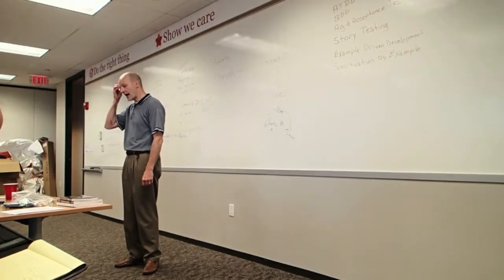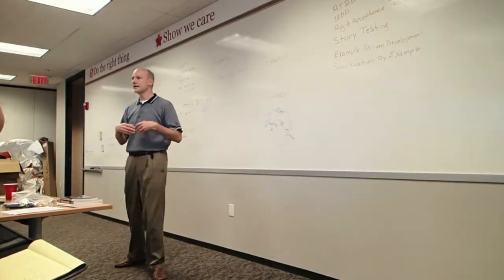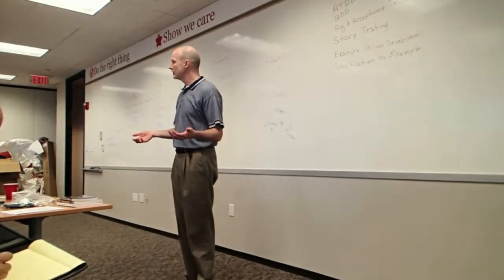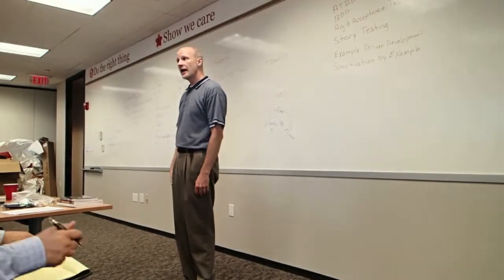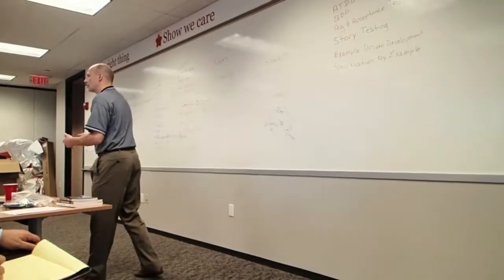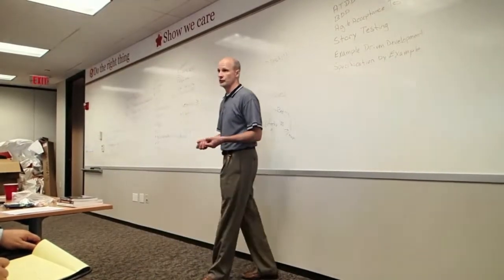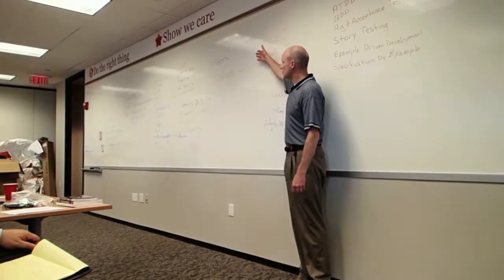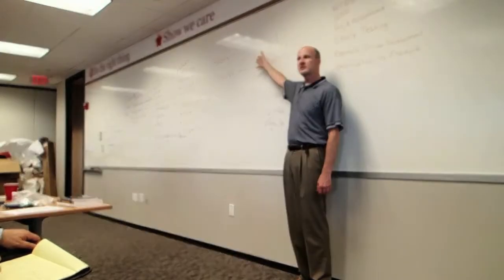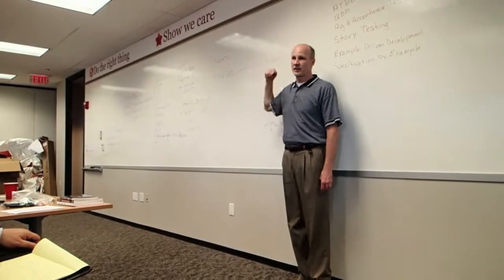Because what typically happens, if you let dev own it, what are they going to do? They're going to use the tool that makes it easiest for them, and it's not going to be a good communication tool. You're not going to be able to use this to avoid the misunderstanding, which is what I'm arguing is the most valuable aspect of it.